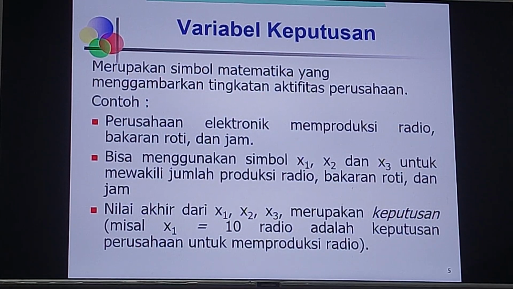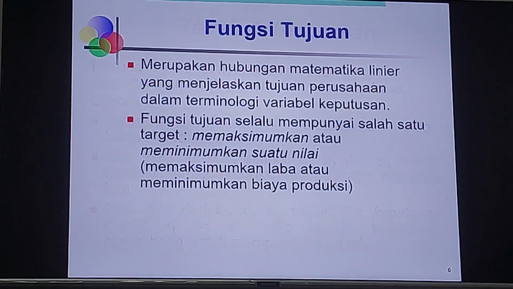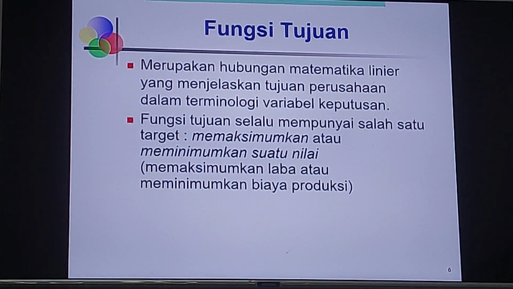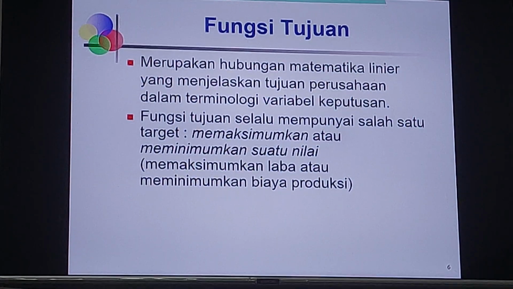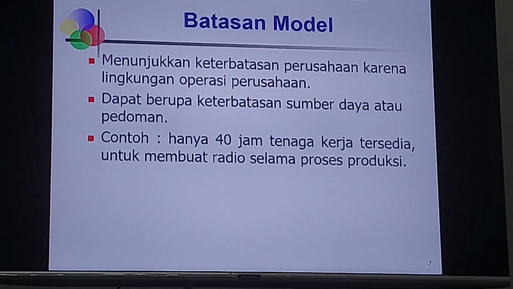It's the same as I explained in the previous PPT file. Decision variable x, and you have the objective function to minimize or to maximize the benefit. Same concept as the previous PPT.